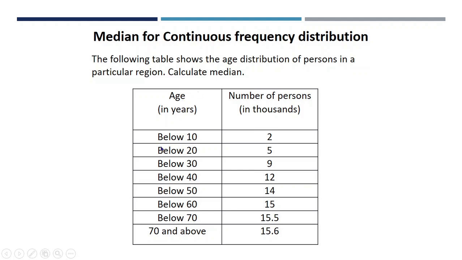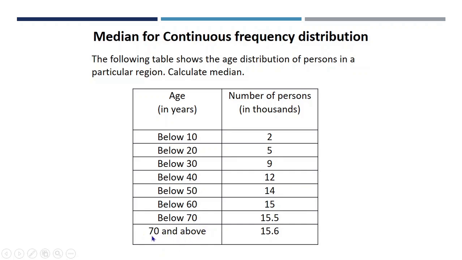Here ages are given, that is below 10, that means from 0 to 10 the number of persons is 2, and below 20, that means 0 to 20 the number is 5, and below 30, that means 0 to 30 it is 9, below 40, 0 to 40 it is 12, below 50, 0 to 50 the number of persons is 14, 0 to 60 is 15, and 0 to 70 is 15.5, 70 and above is 15.6. Here this is an open-end class.